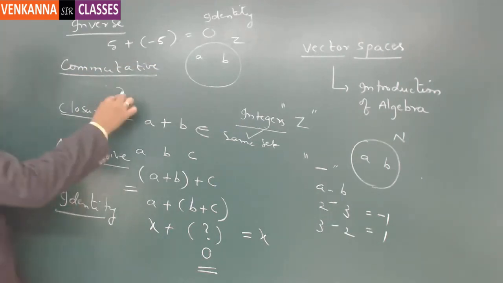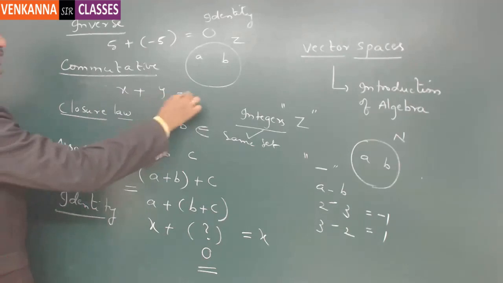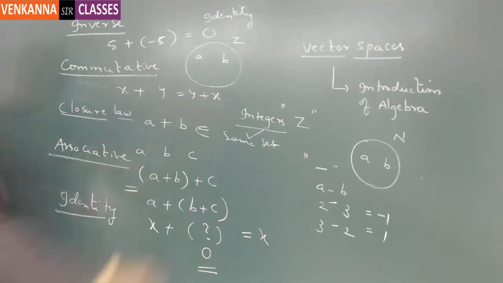Whenever you take integers, x plus y is equal to y plus x, it always holds. It is called the commutative property or abelian property. Why I am stating these things is that in the number system, you have integers, rational numbers, real numbers, complex numbers.